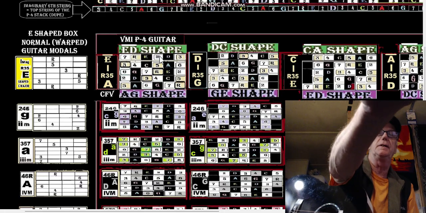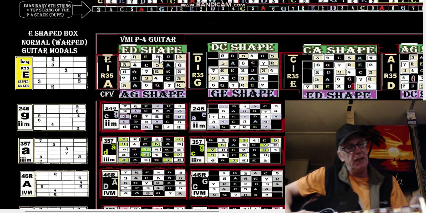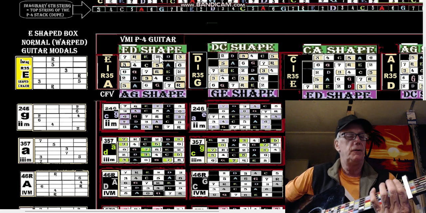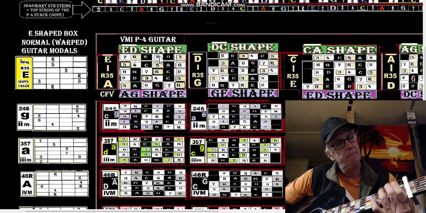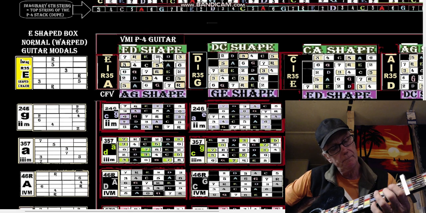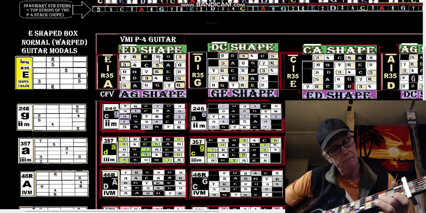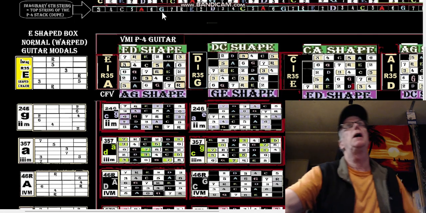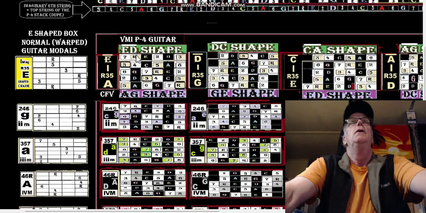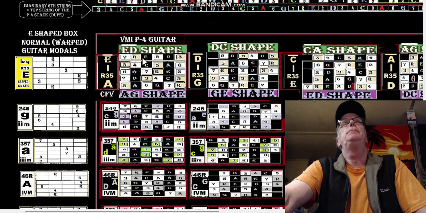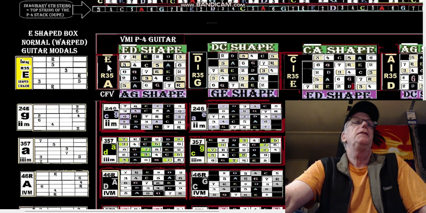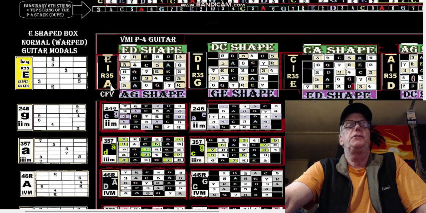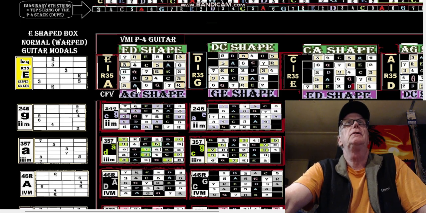The real deal E. Okay, that's actually the 7th of F. That didn't sound that right, but so that's kind of what's going on with this 7 here. But it is the E shape. So the 5th of E, 4th of E is the cello shape. So there's going to be your A there. And that's going to be the cello shape.